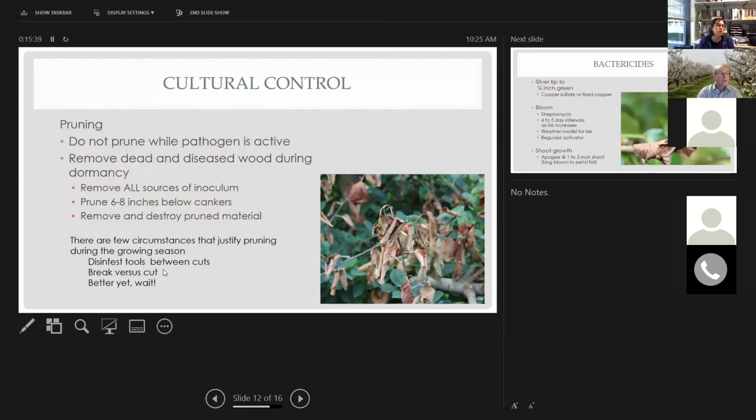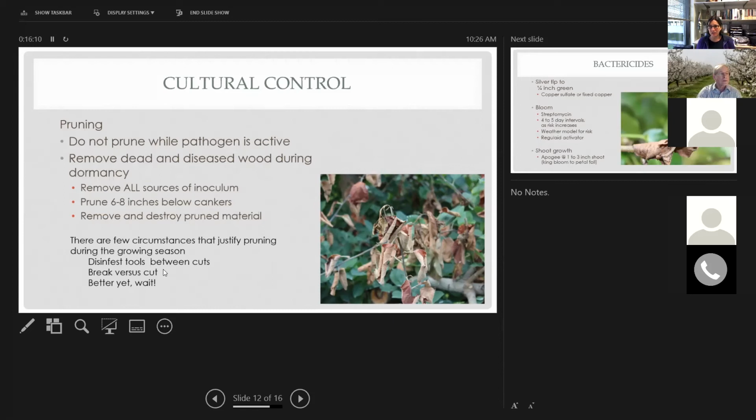All right, so if you have a newly established orchard, I can justify pruning during the season. Some suggestions are to disinfest tools in between each and every cut, to break versus prune initially, or what some people do is just paint those areas so that they can come back and find those infected areas later in the summer when things are drier.